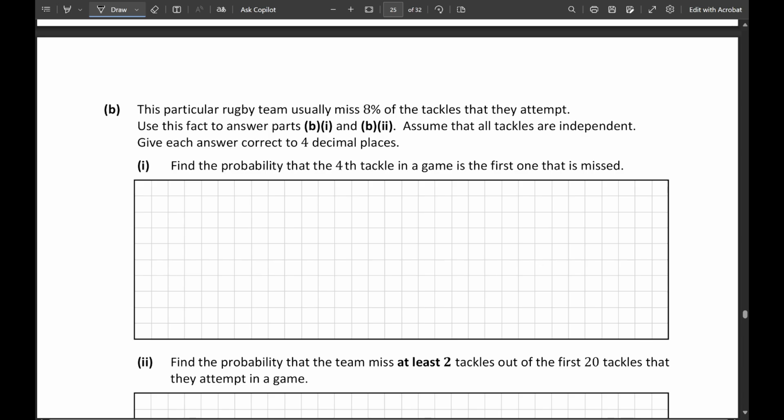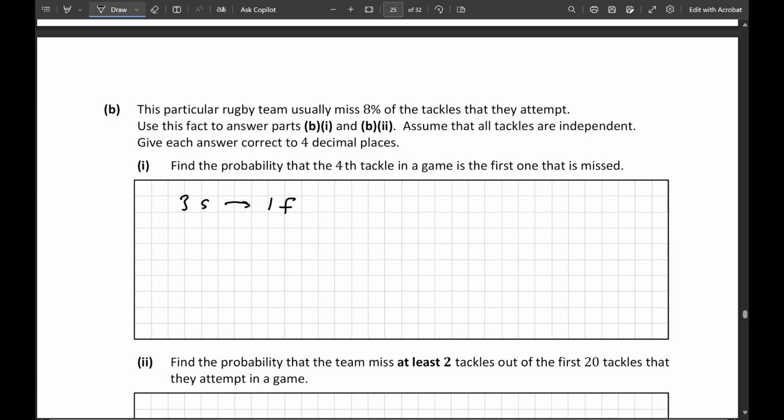A particular rugby team usually misses 8% of the tackles they attempt. Use this fact for the next questions. Assume all tackles are independent. Okay, grand. Giving each answer correct to 4 decimal places, find the probability that the fourth tackle is the first one that they missed. So it's 3 successes and then 1 failure.